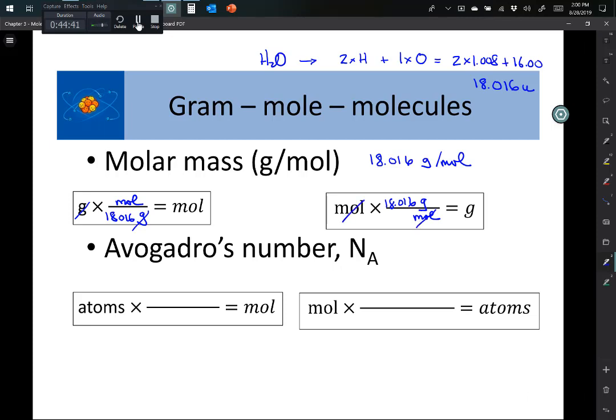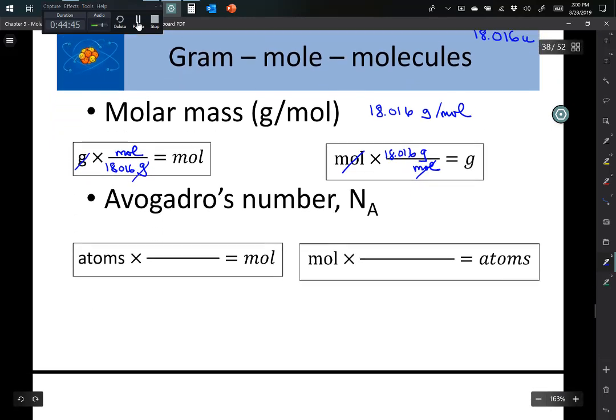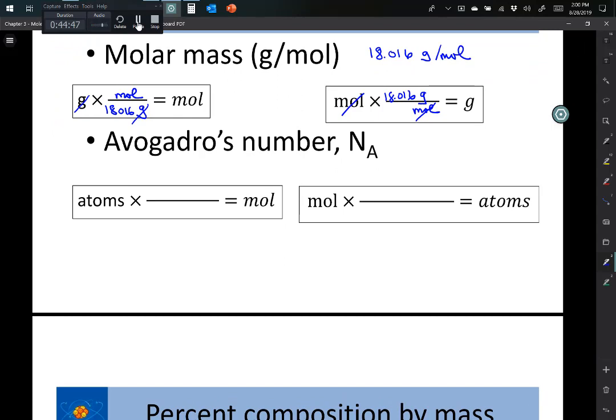The other conversion that you need to know how to do, but which honestly chemists use very infrequently, is to go from atoms to moles, or molecules to moles, since we're talking about molecules.